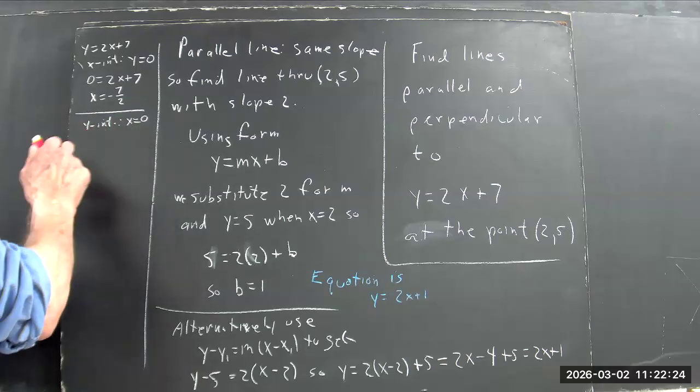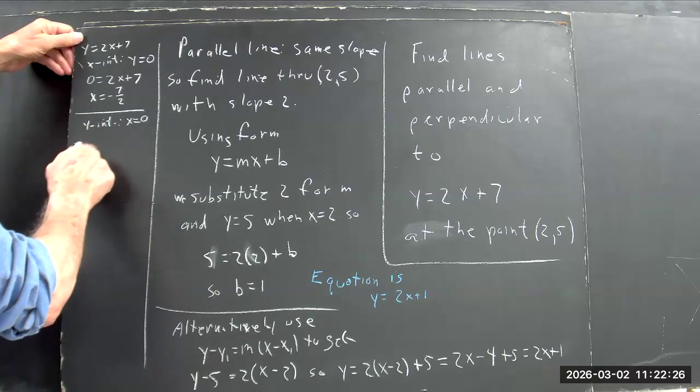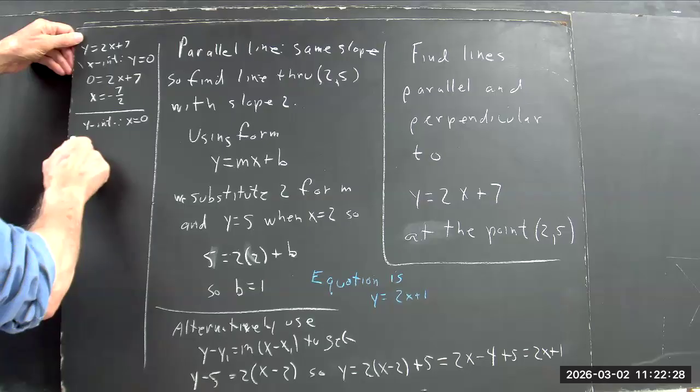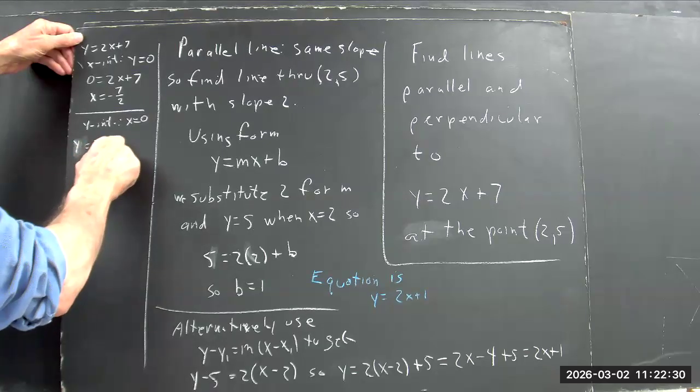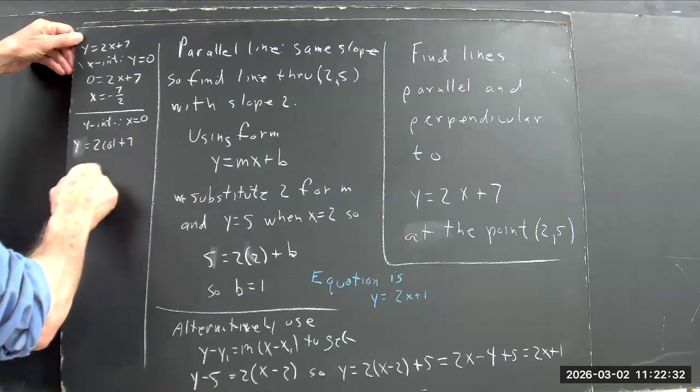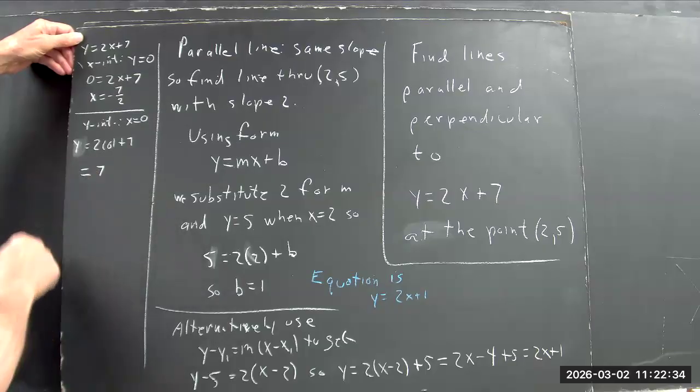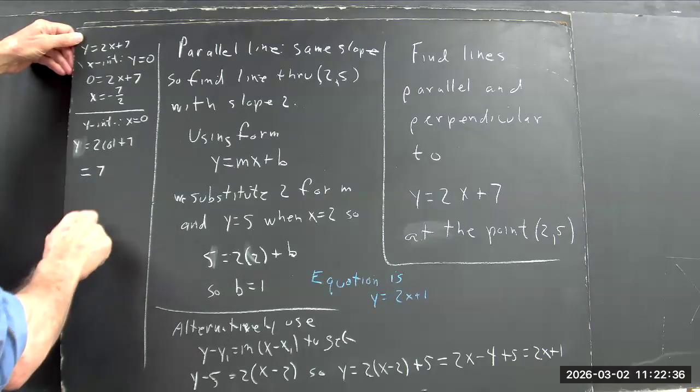So we can plug 0 into the equation and we get y equals 2 times 0 plus 7 equals 7. And now we can sketch a graph.